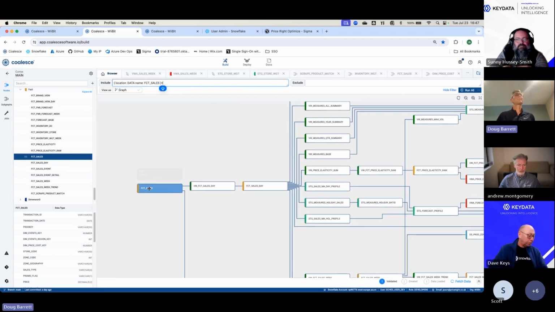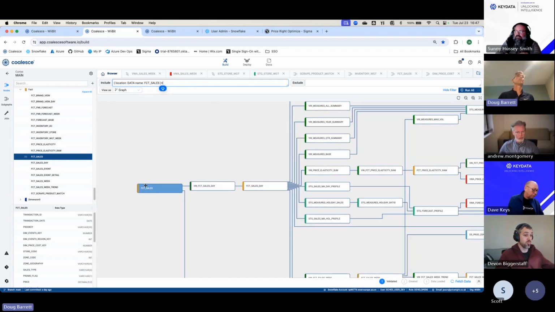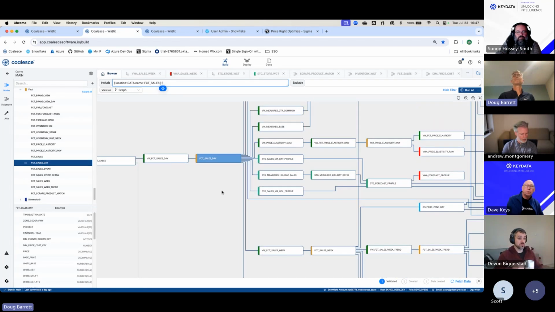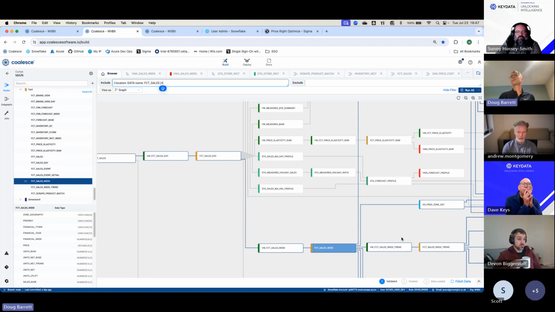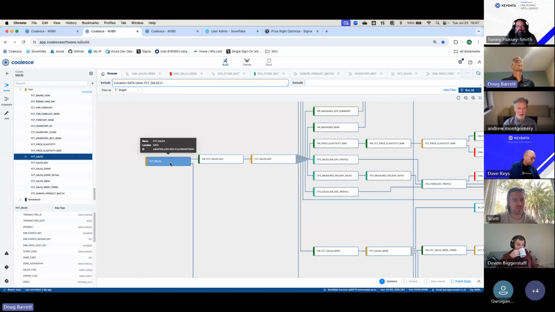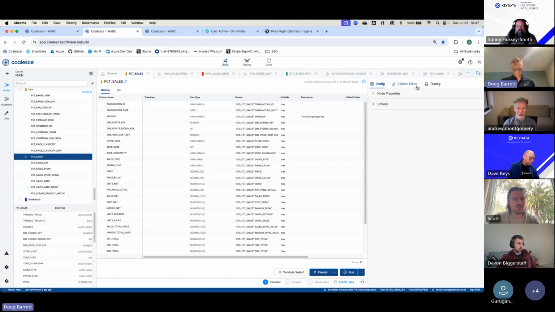So I can see fact sales is a low level, it's the most detailed fact table, it's a transaction level. And they summarize it to daily, and then they summarize that to weekly, and there's other bits and pieces in here. Now, each time they do that along this pipeline, they're doing a test.